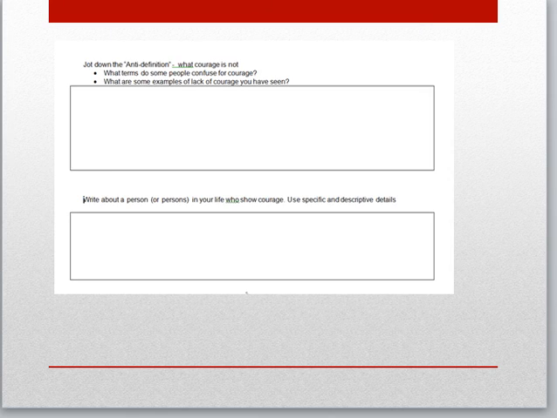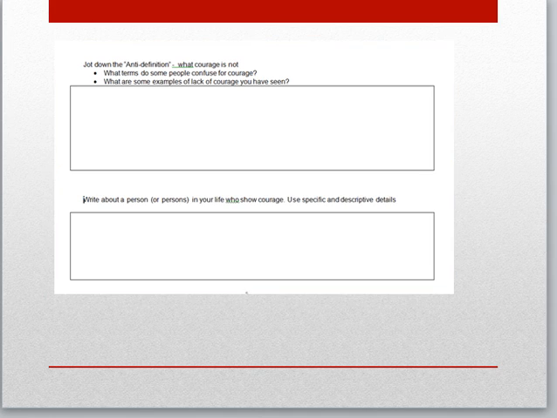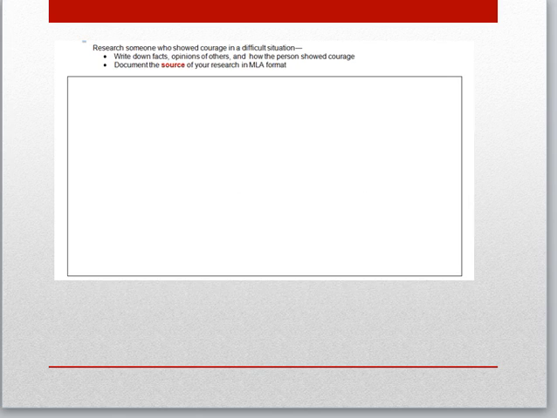So next, and we're following the exact planning worksheet that you're working with, jot down the anti-definition. So think about what courage is not. Think about terms that people confuse for courage and examples of the lack of courage. Then, think about a person or persons in your life who show courage and give examples of those people and how they exhibit courage. And make sure it does align with your definition of courage.